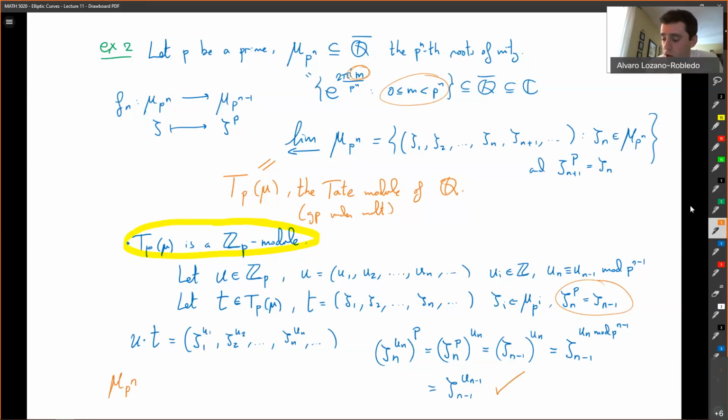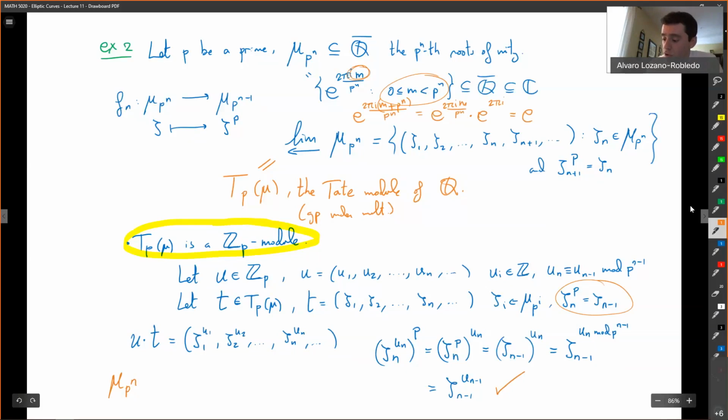If I change e to the 2πi m over p to the n to e to the 2πi (m plus p to the n) over p to the n, this is going to be e to the 2πi m over p to the n times e to the 2πi, and the p to the n and p to the n cancel, so I get e to the 2πi, which is 1.